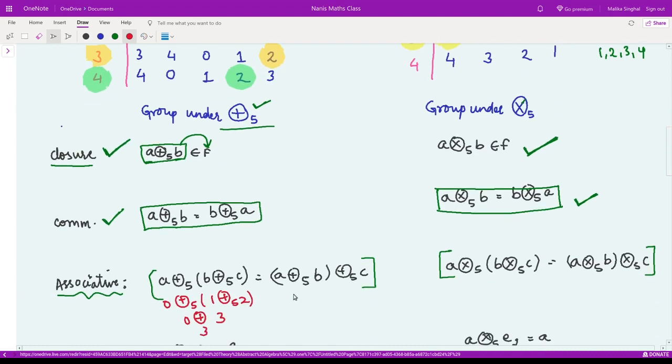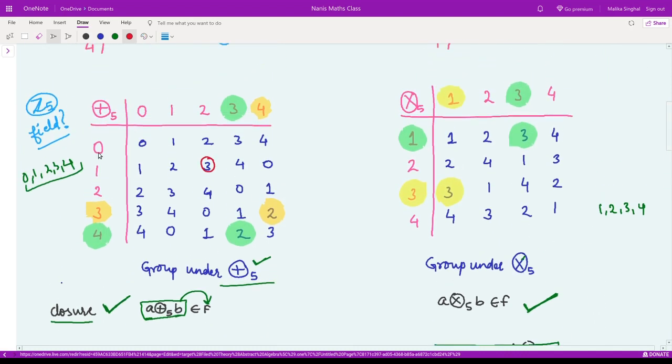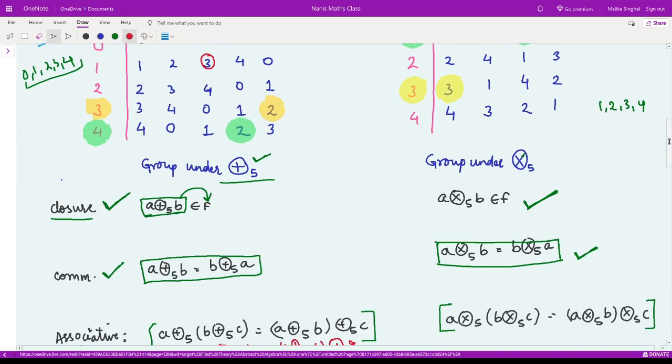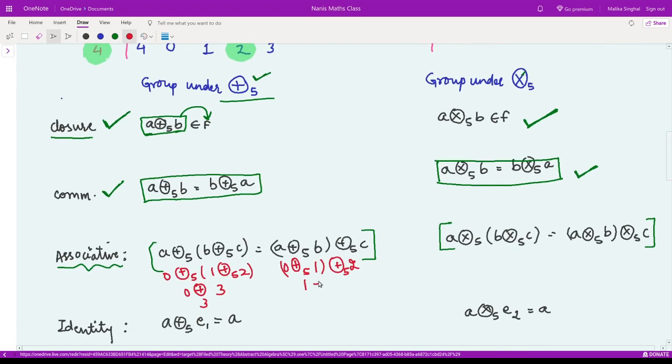From the right hand side, I first have to look up 0 addition mod 5 1, and then add that under mod 5 to 2. So 0 and 1 under addition, that is 1, right? Then 1 addition mod 5 2, what is that?